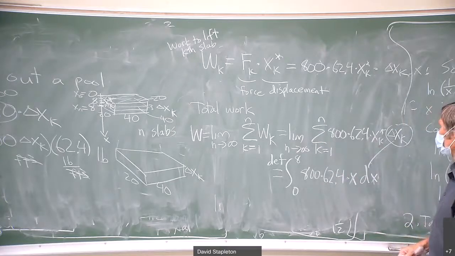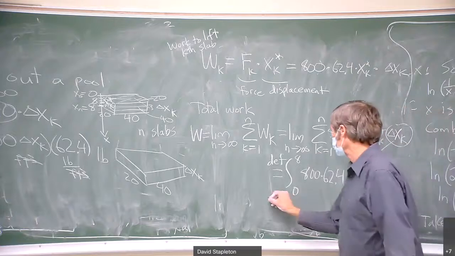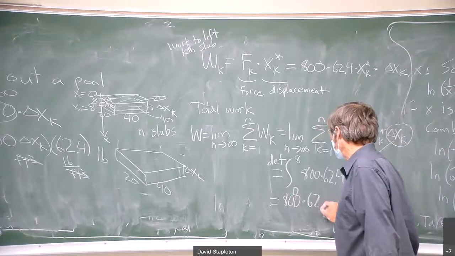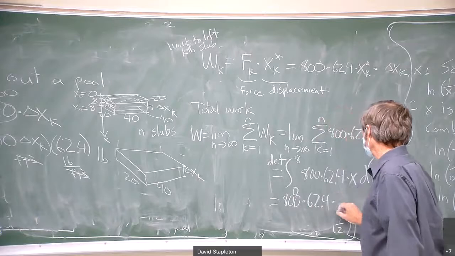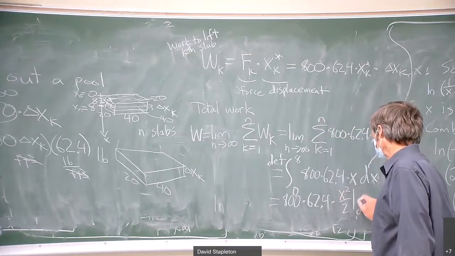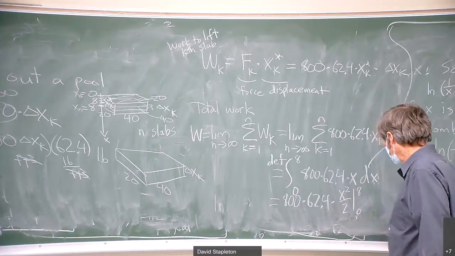Anyway, there it is. If you just evaluate that integral, it's 800 times 62.4 times x squared over 2 when you integrate it, evaluated at 8 and 0.